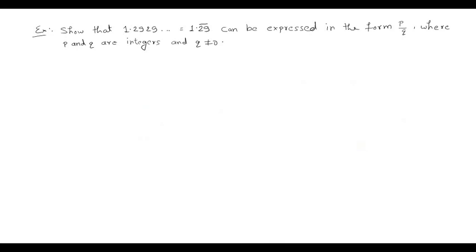Here two digits are repeating. Let's show that 1.2929... can be expressed in the form p by q. Let's solve this problem. Again, we will consider x equals 1.2929..., as equation number 1.